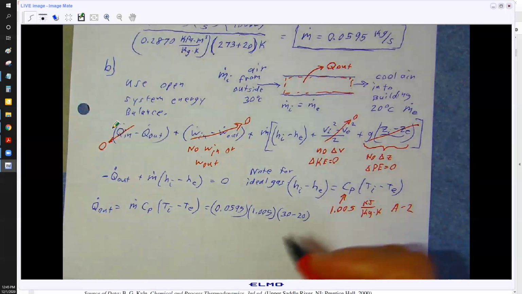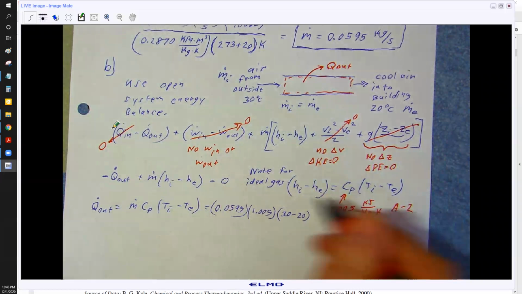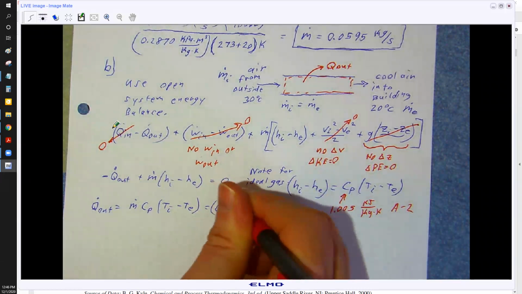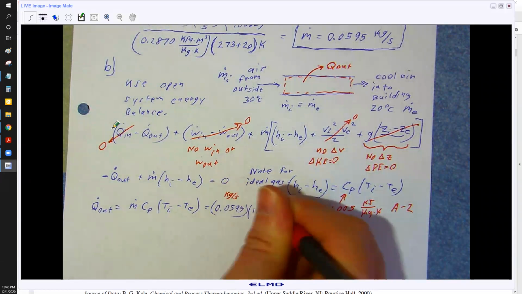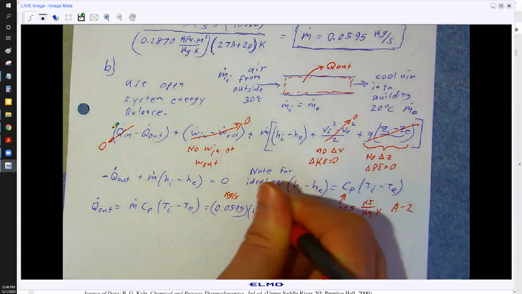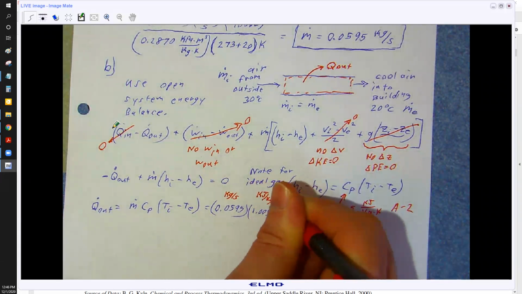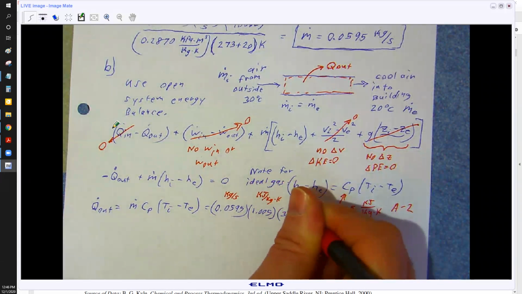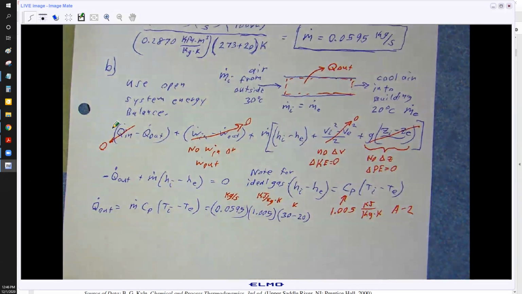The units on these are kilograms per second, kilojoules per kilogram Kelvin, and here basically Kelvin or Celsius, doesn't matter, it's a delta.